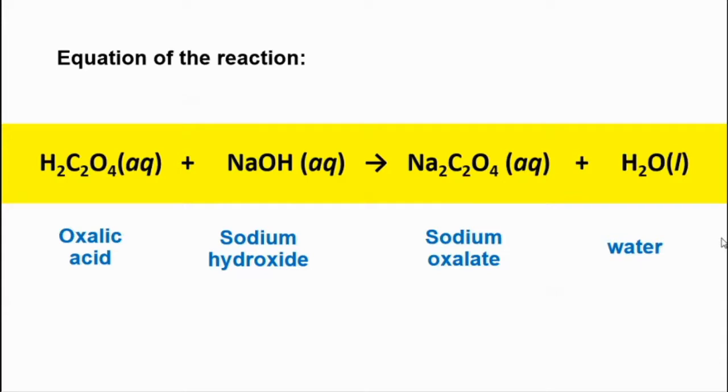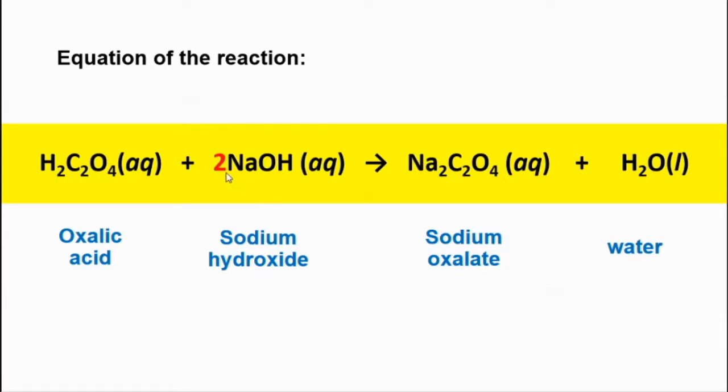Okay guys, so this equation is not balanced. So how to balance this equation? If you look at sodium oxalate here, there are 2 moles of sodium, so we need to multiply the sodium hydroxide by 2. So there are 2 moles of sodium here, 2 moles of sodium here.